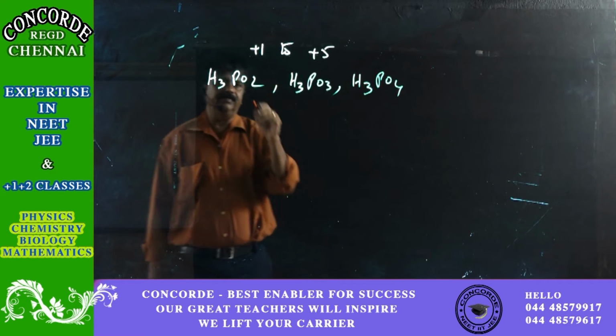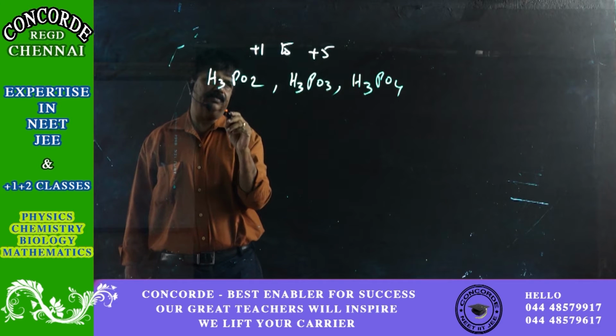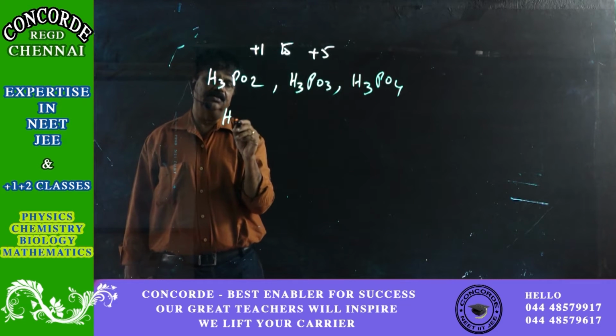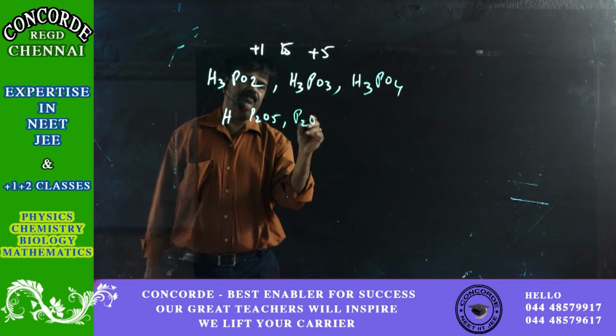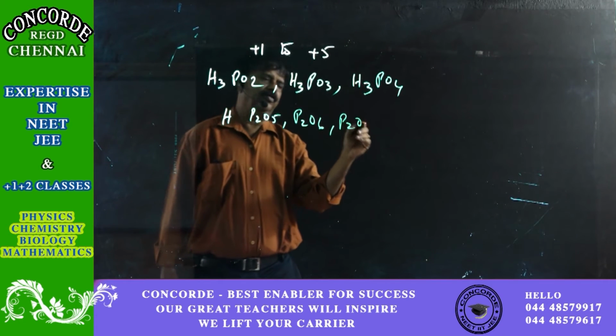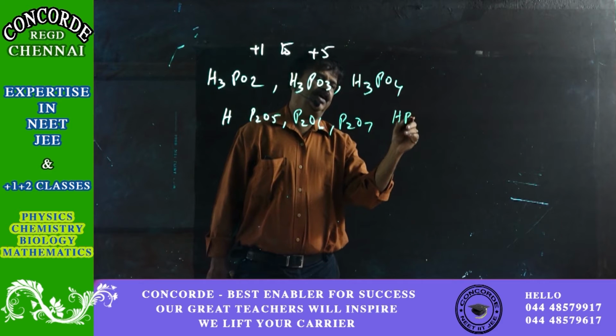The different combinations are right from P2O5 to P2O6 to P2O7 and HPO3 n times.